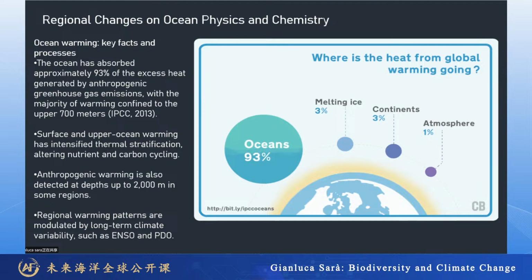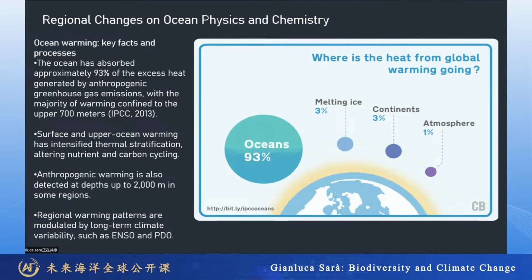And this means that we have a slow increase in temperature compared to the air masses in terrestrial habitats, but we have a slow increase of temperature.